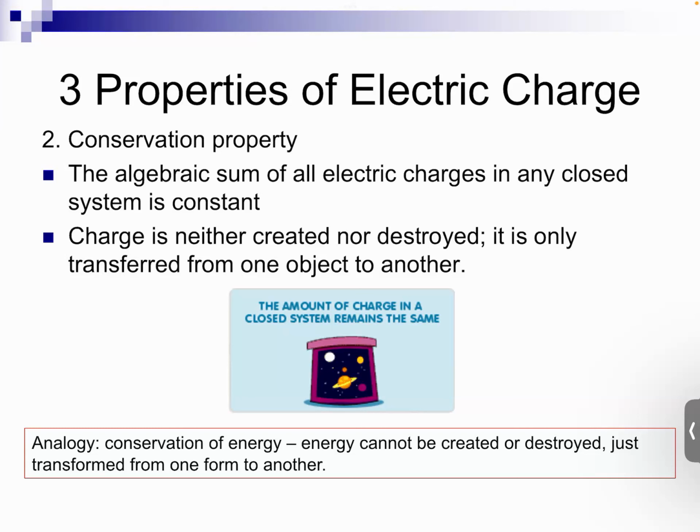Likewise, charge is conserved, meaning the total number of charges in a closed system is constant. We cannot create or destroy charges, but rather the key word here is that charges are simply transferred from one object to another.